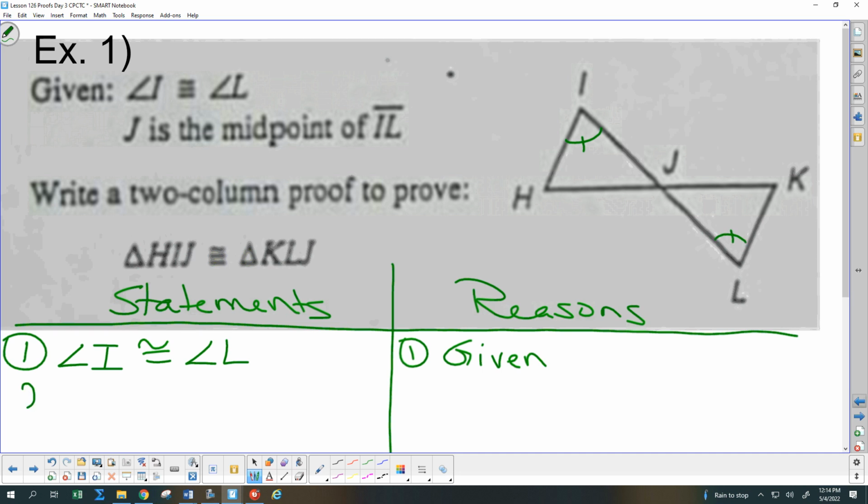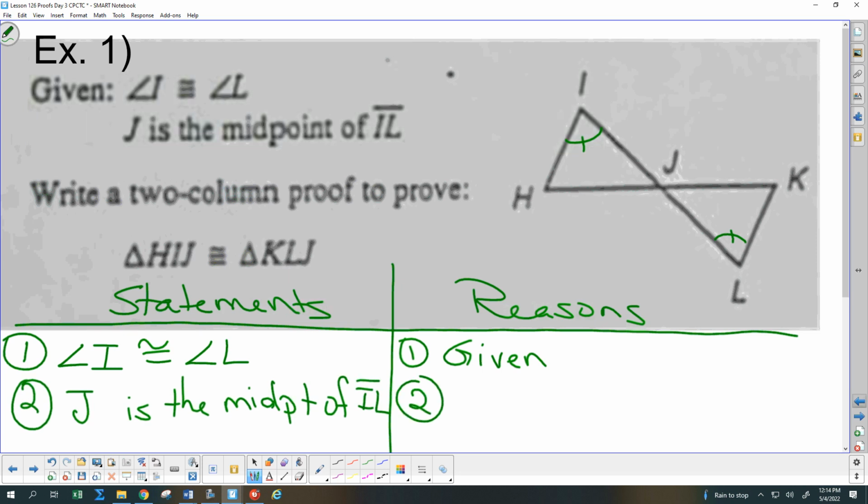We are also told that J is the midpoint of IL, and that's our other given. And so I want you to be a little bit careful whenever you use midpoint and you have something like this.